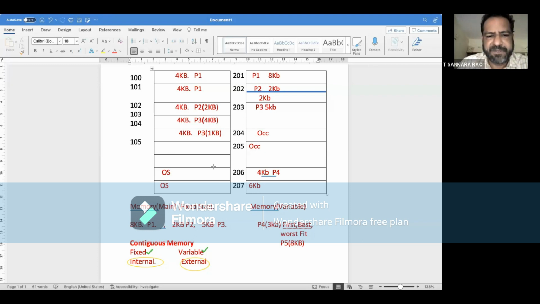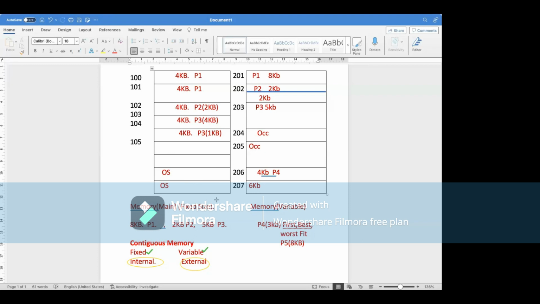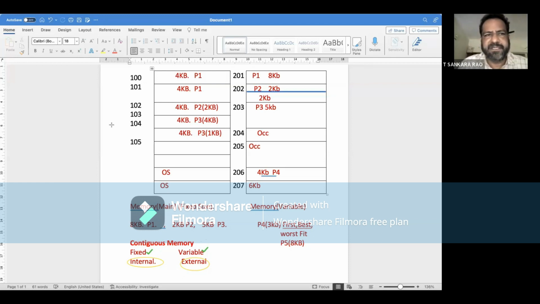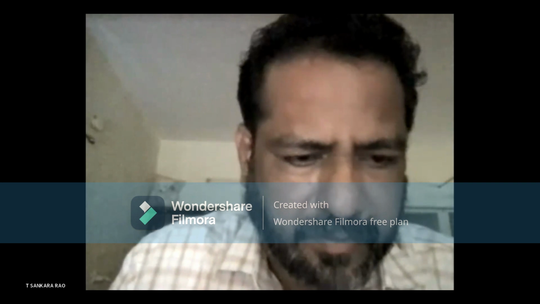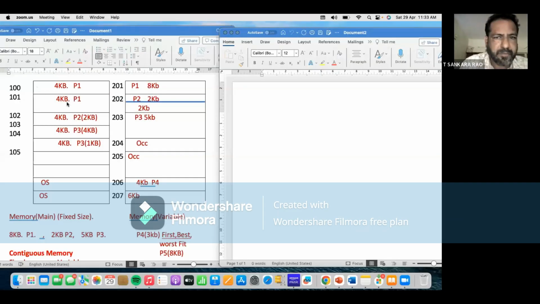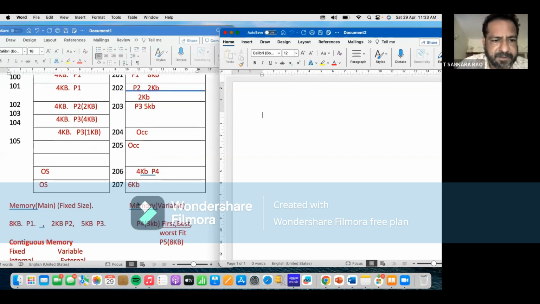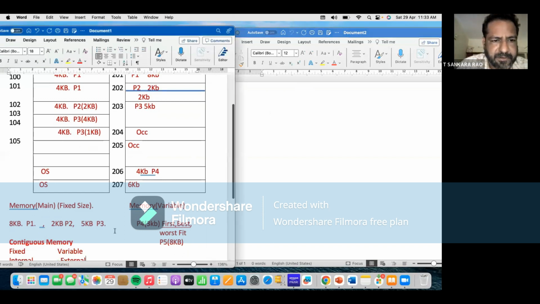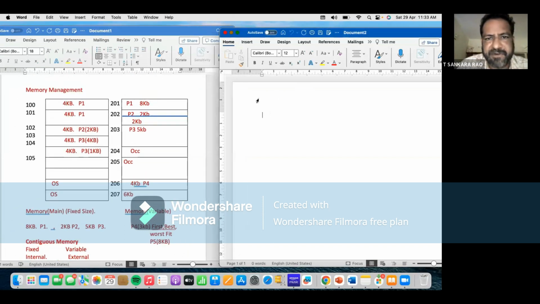Is it clear, all of you? Why are we moving to non-contiguous? What is the solution for this? Instead of contiguous, we are going for a relaxation.